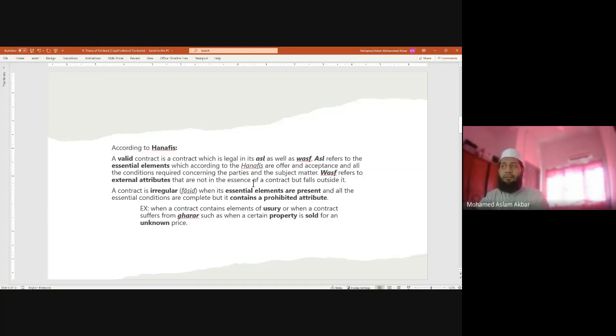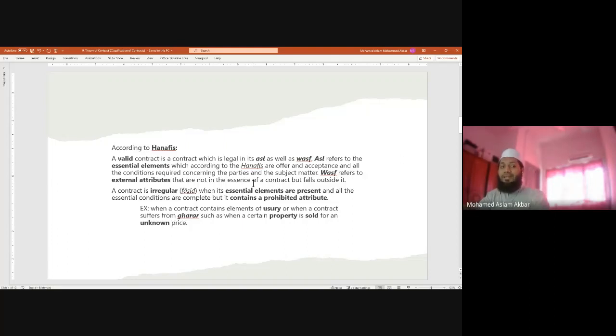Because according to them, most of the main part of the contract is correct. If you can change that particular part, for example the price is unknown, right? If you can make that price known in any circumstances, if you take out the element of usury and gharar from the contract, then as long as the price is unknown, this particular contract is fasid.